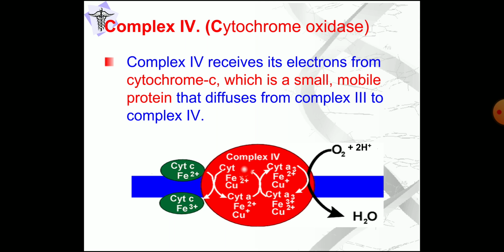Heme A has copper bound to copper A, and then the A3 is bound to copper B. Like that, copper and iron are there in the cytochrome. And finally, from the A3, it is given to oxygen, and the oxygen is reduced to form water.